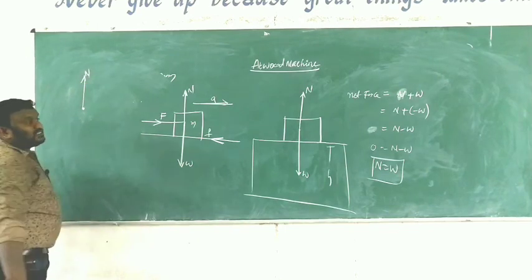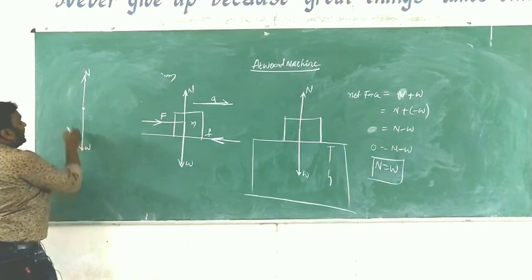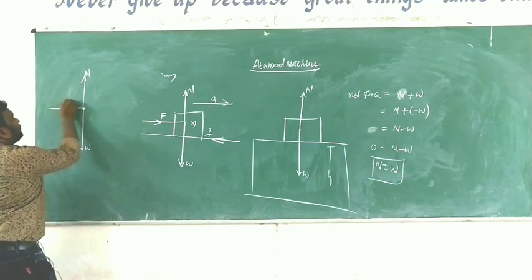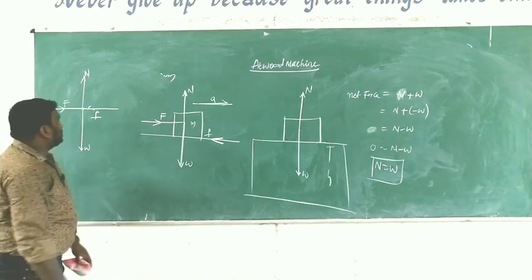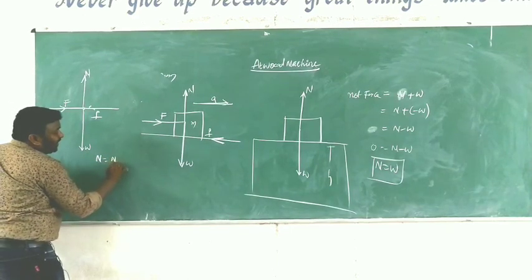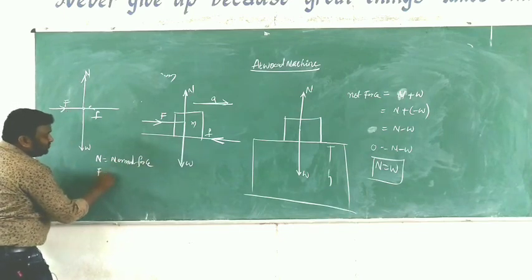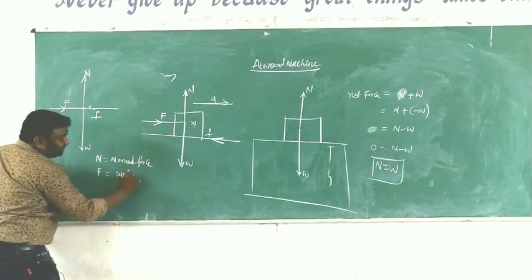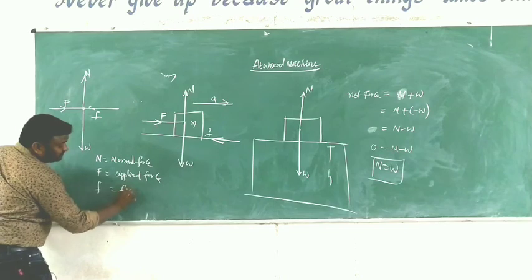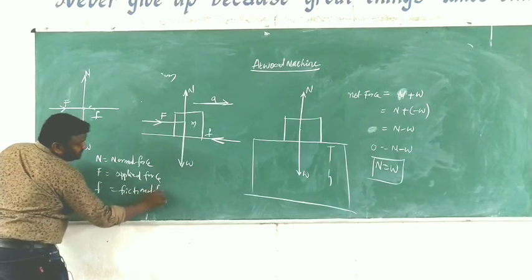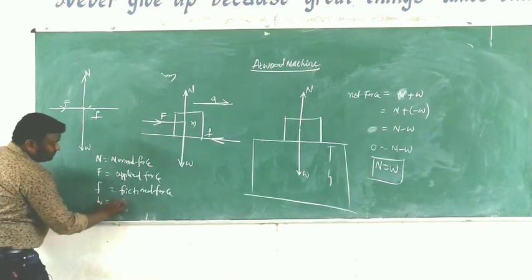Upward direction is normal force, and downward is weight, and this is the applied force, and this is the frictional force. Here N is the normal force or normal reaction. Clear? And what is capital F? Applied force, what we applied. And what is small f? Frictional force. And finally, W.